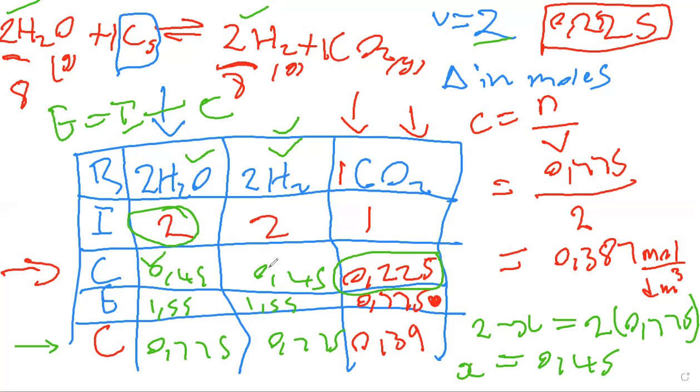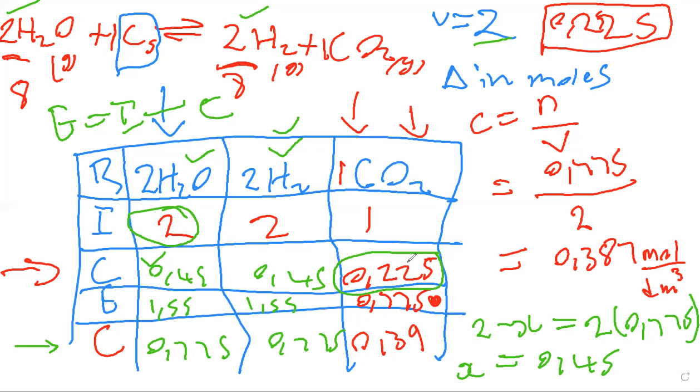Now, what I know is that the change of this is half the change of this, and for this one it is twice this value. So 0.225 times 2.